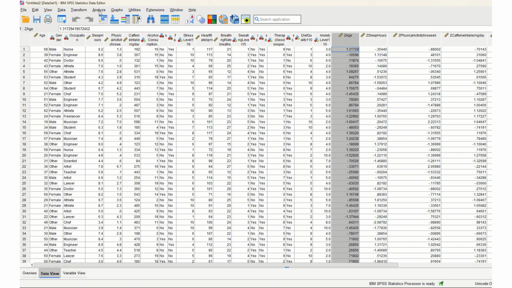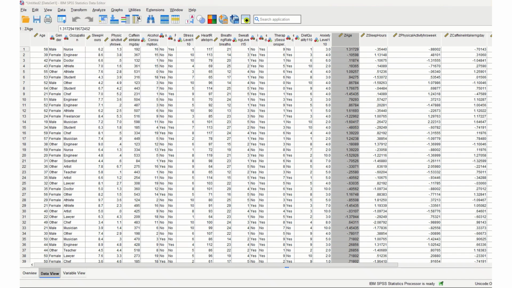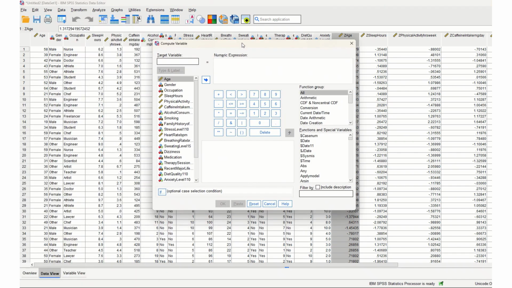What we can do is we can go to Transform, Compute Variable. When you do that, this screen will pop up. Now we're going to name our new variable, and we're going to name this p lower age, right?